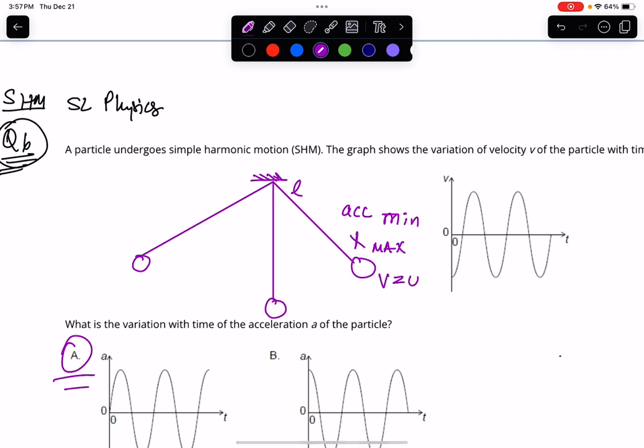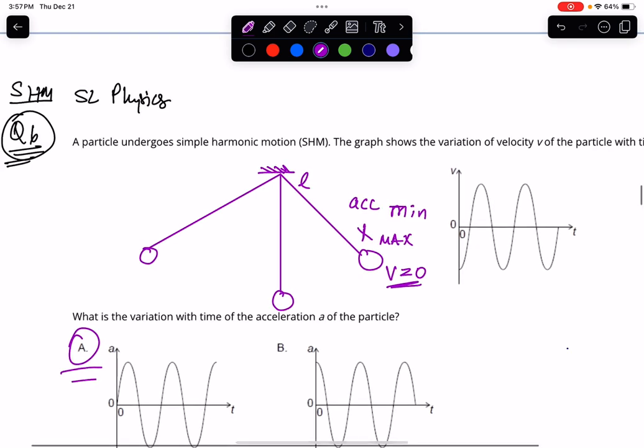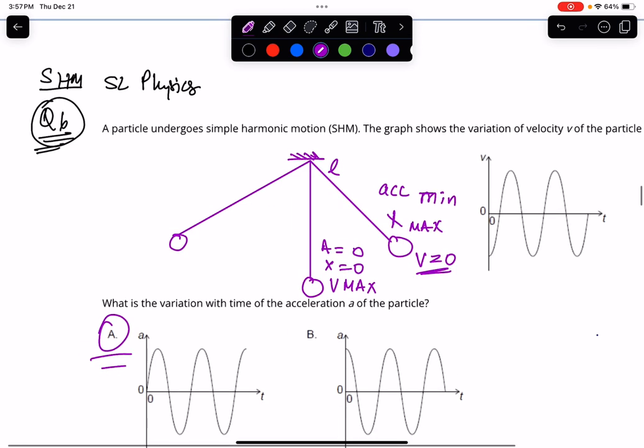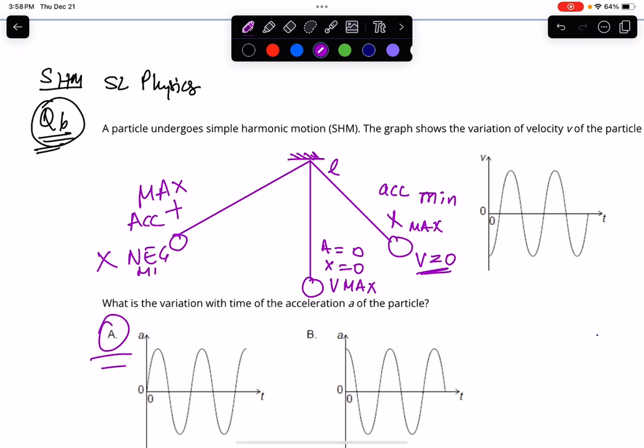And the velocity is 0 at the positive amplitude. Then at the equilibrium position, the velocity is maximum. The displacement x is 0. Okay? And the acceleration is 0. And then at our negative amplitude, the acceleration is positive, it's maximum. The displacement x is negative and it's at its minimum, and the velocity is 0.